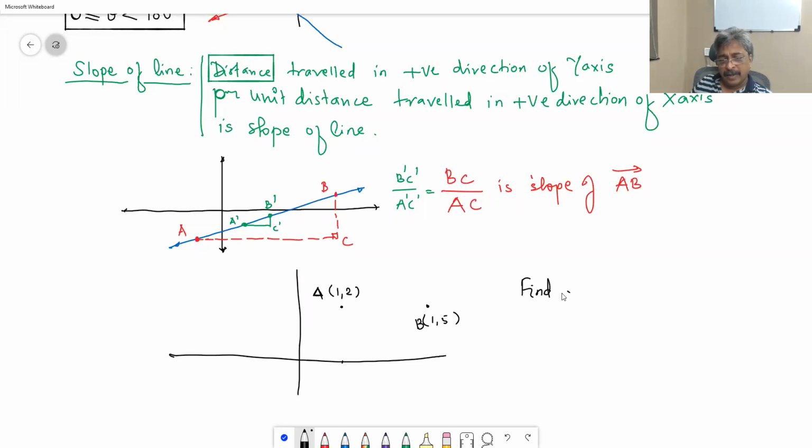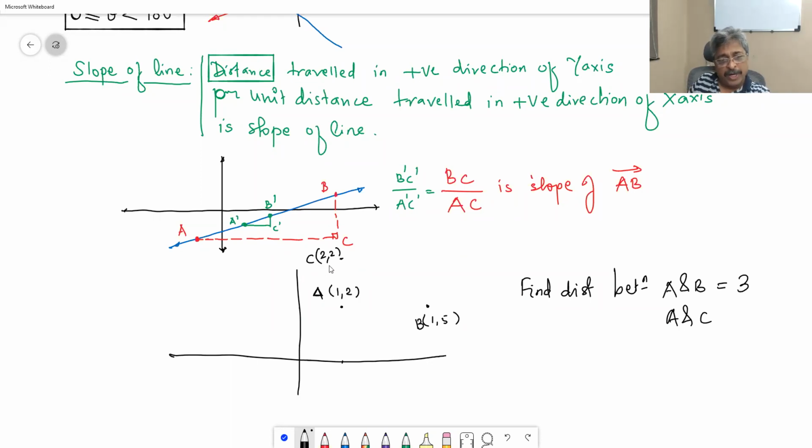Find distance between A and B. Easy. Next moment you should be able to write down the answer. Okay, answer for distance AB is 3.